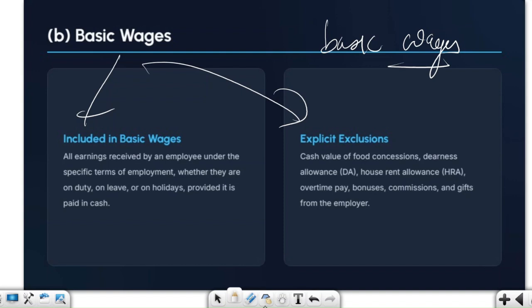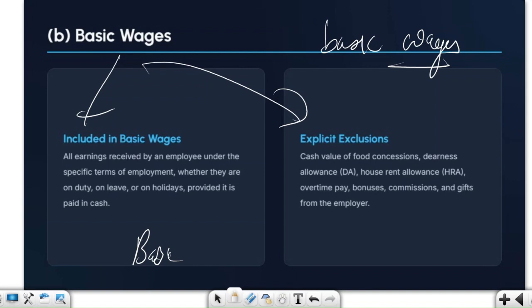We exclude things like DA, house rent allowance, overtime allowance, bonus, commission, cash value of food concession, or presents or gifts. So basic wage simply means the basic salary that you are getting.